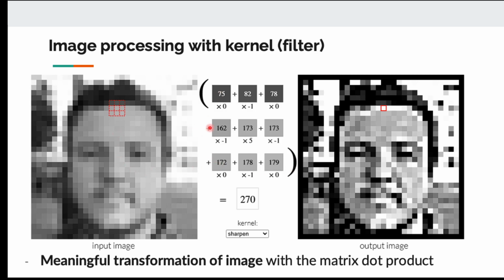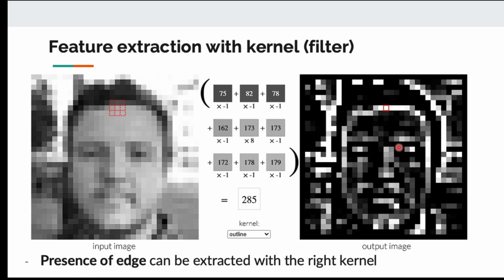If you do this mathematical calculation, which you can describe as a dot product with the image, you're going to produce this sharpened image. In another example, if you want to identify the face, where the face boundary is, you can use this matrix: -1, -1, -1, and then 8 in the middle.